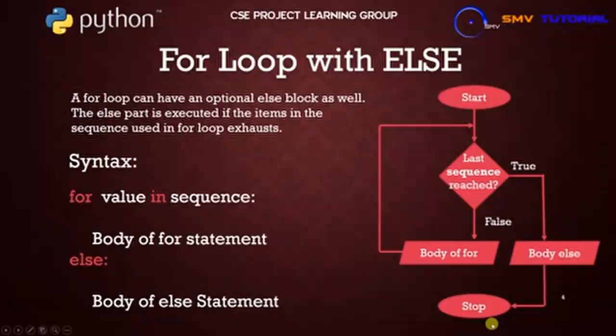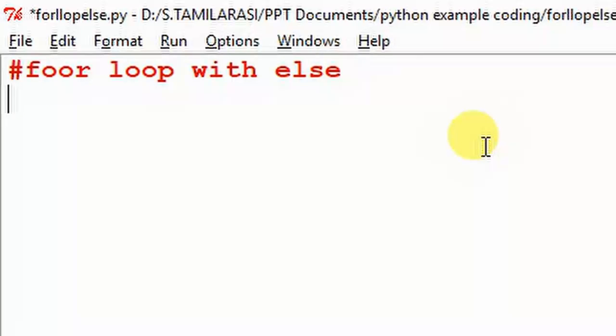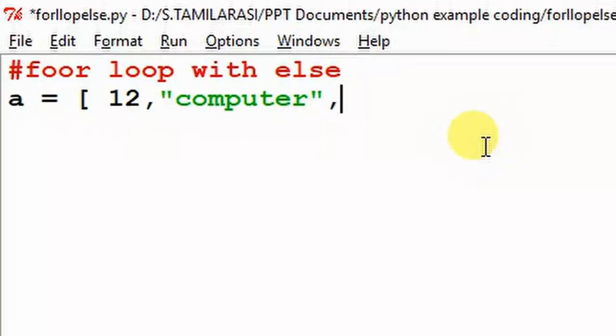Next I show an example of a for loop with else statement. I create one variable, a, which can hold any data type. First I create one list, 12, next a string, and finally a float.